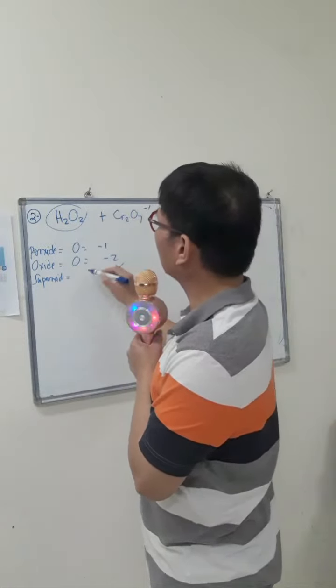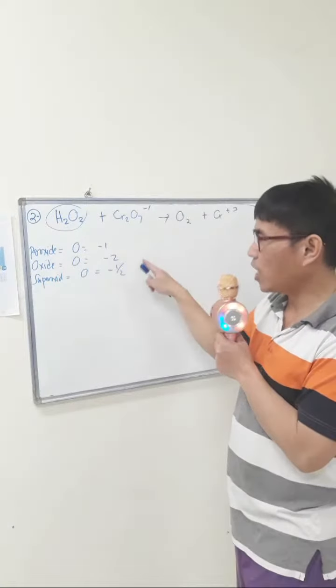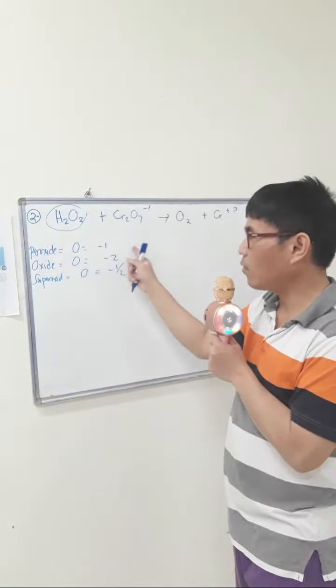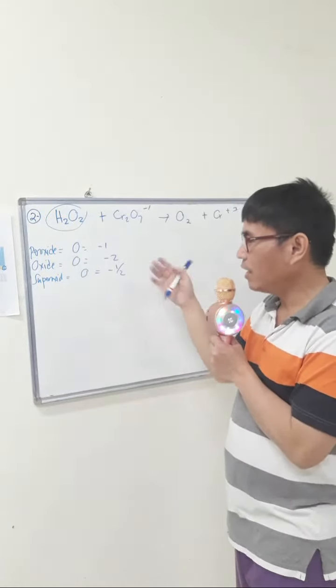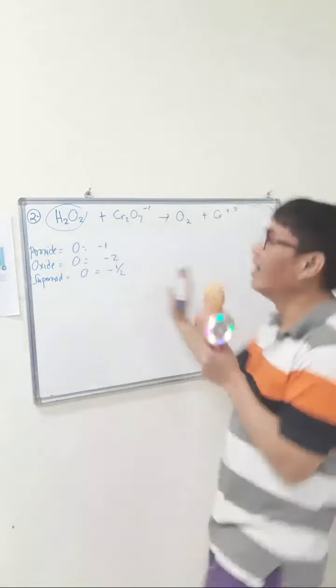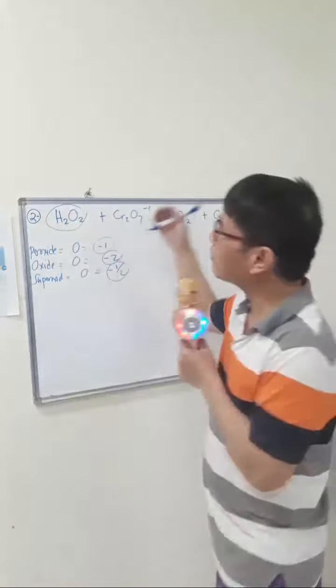Memorize this. Again, oxide of oxygen is -2, peroxide is -1, and superoxide, like a Superman, is -1/2. Take note.